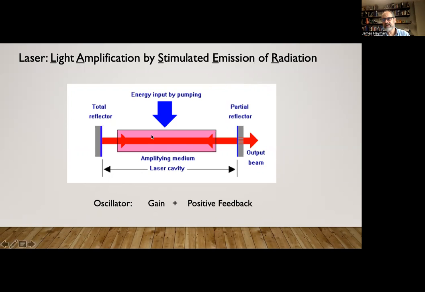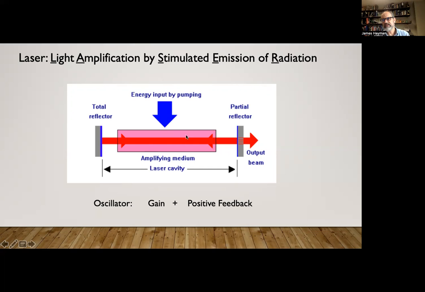So this amplifying medium is shown here in our cartoon picture. The amplifying medium has to be supplied with energy, so it's pumped by some external energy source. But in its operation, light that passes through the medium will be amplified. It will be brighter when it emerges than it was when it entered.